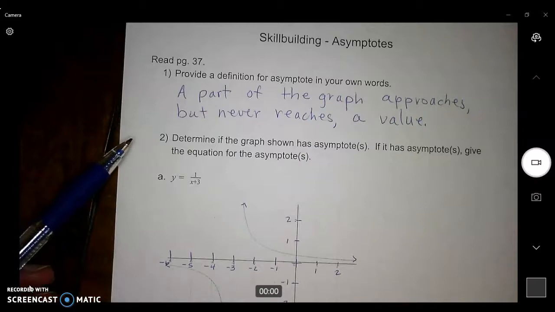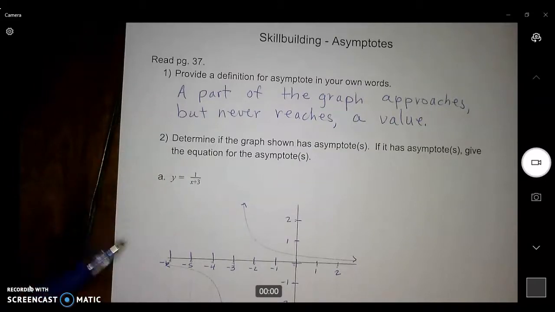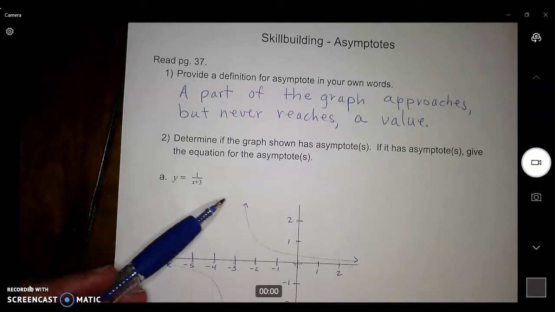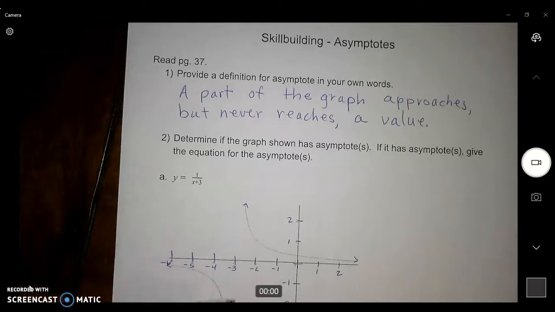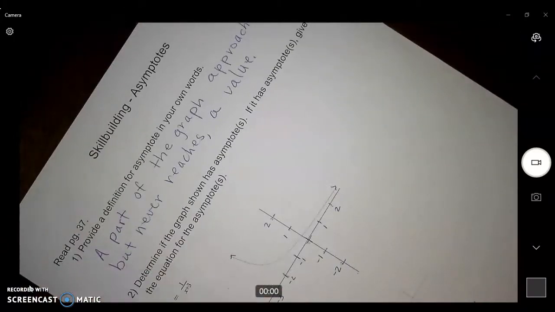If it has an asymptote, we're supposed to give the equation for them. This one does have an asymptote. When you're on decimals.com, you can see it a little more clearly than on here. Some of the graphing calculators will show you where the asymptote actually is located on the graph. So this one has one here, and they usually draw them with dashed lines.